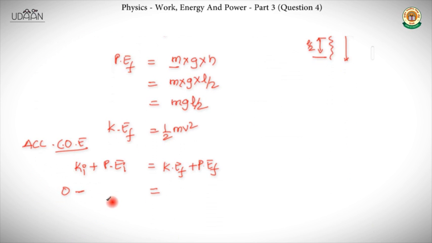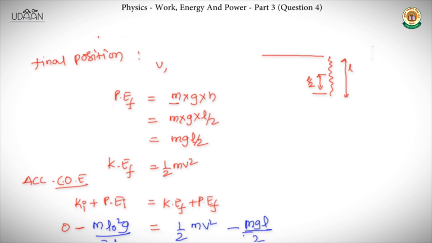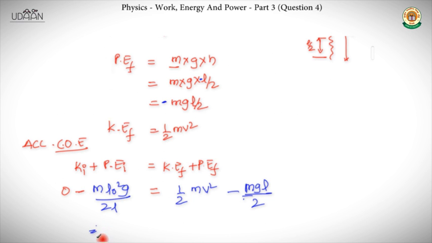At the final position, we get minus m l naught square g by 2l equal to half mv square minus mgL by 2. As this is considered below the zero potential energy, here also we get a minus. Finally, when we simplify this, we get v equal to under root of g by l into l square minus l naught square.